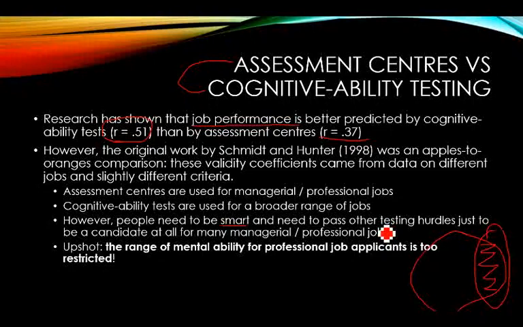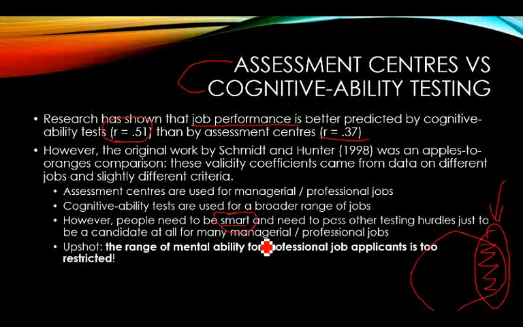Cognitive ability testing is less useful because just to get there, they'd have to do well on the GAMSAT, they'd have to survive medical school, which requires intelligence to begin with, yeah? So what you get is a narrow applicant pool of people who are already pretty smart. So, basically, just to be a candidate for an assessment center, one needs to be fairly smart to begin with.